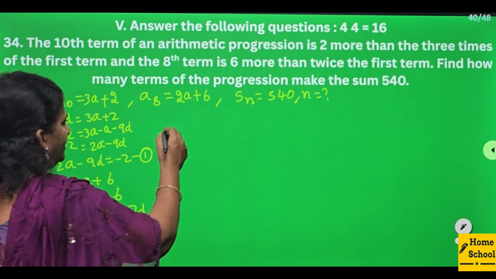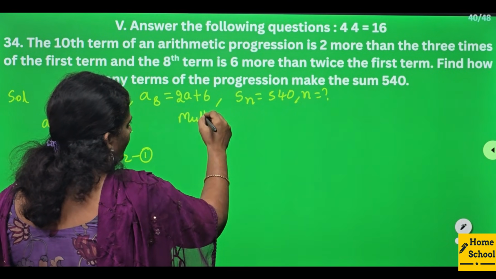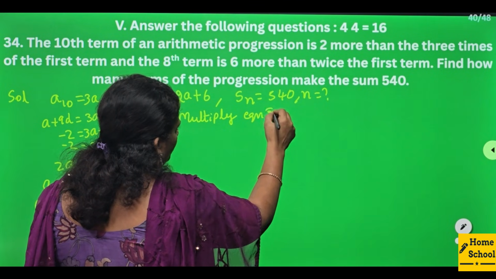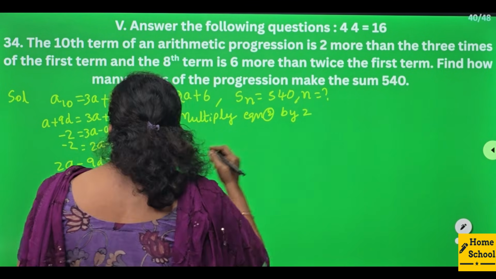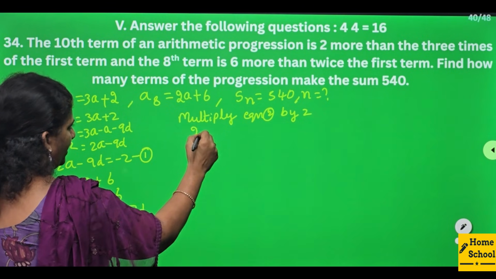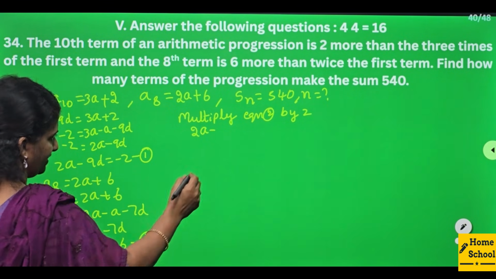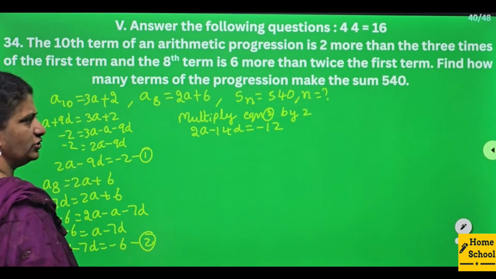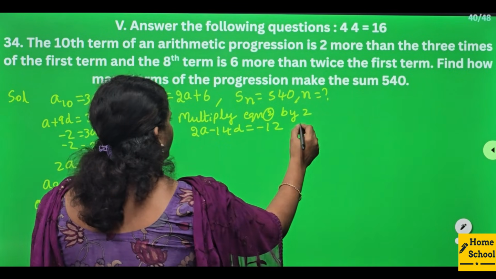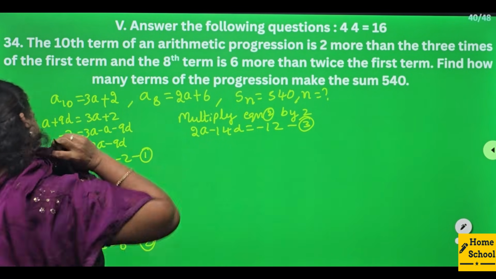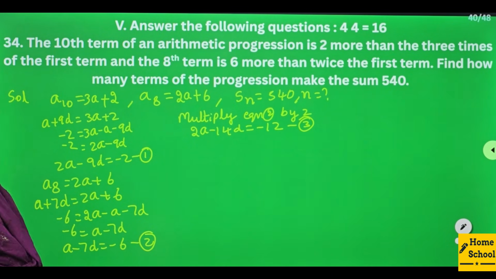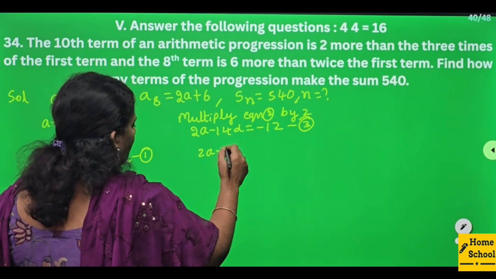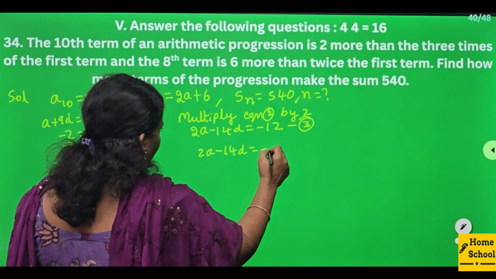For that reason, multiply equation 2 by 2, right? 2 into A is 2A minus 2 into 7 is 14D is equal to minus 6 2s are 12. Now let this be the third equation. Now the first equation you need to solve by the elimination method. Let me take 2A minus 14D is equal to minus 12.